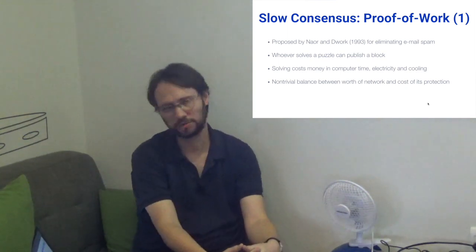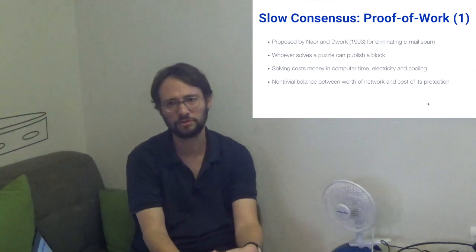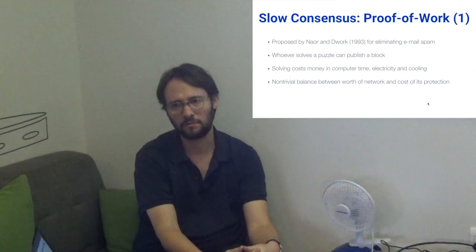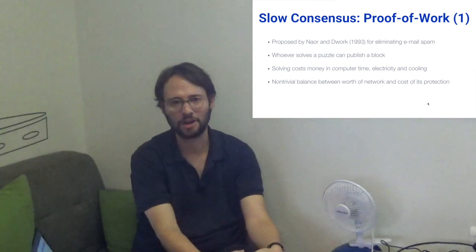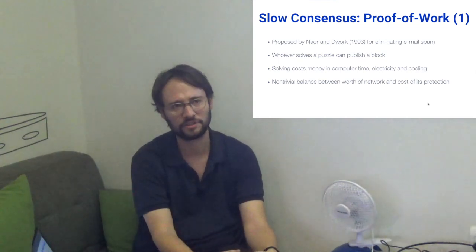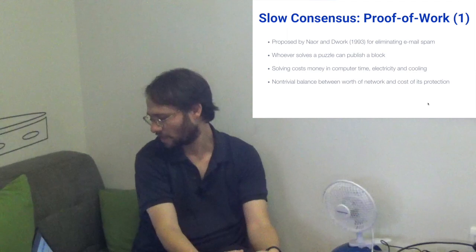So proof of work was initially proposed by Dwork and Naor. And Naor is, as some of you know, an Israeli pride. He's a distinguished professor at the Weizmann Institute.